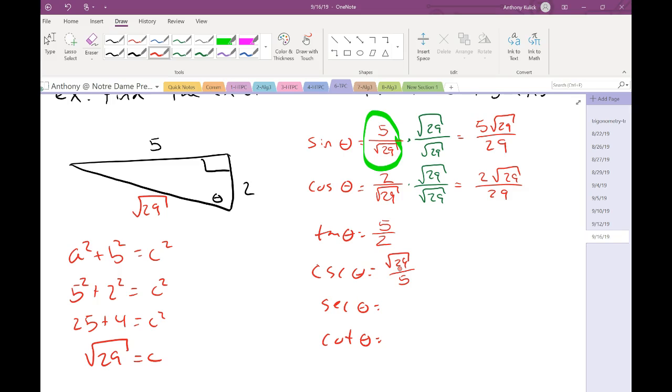Everybody okay with that? Notice that there's no square root in my denominator, so there's no need to rationalize my denominator. That answer is fine just the way it is. Similarly, secant is going to be the reciprocal of cosine.